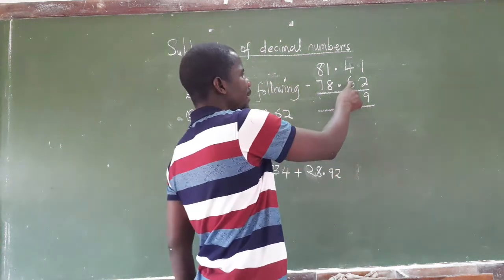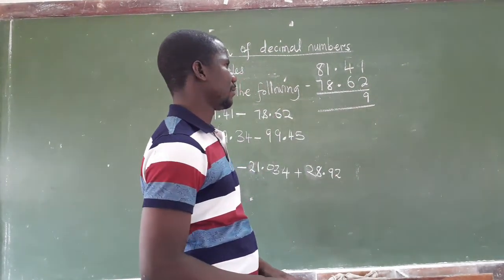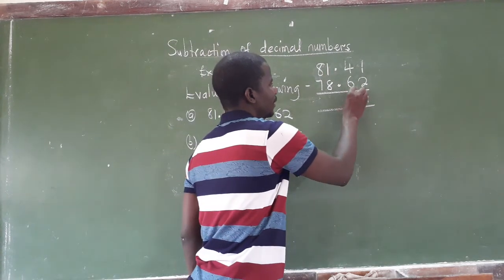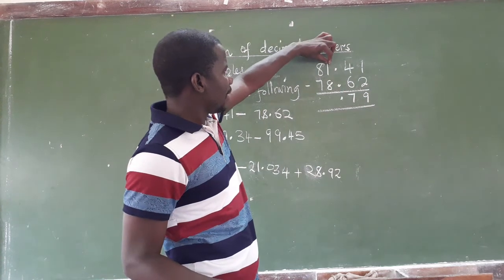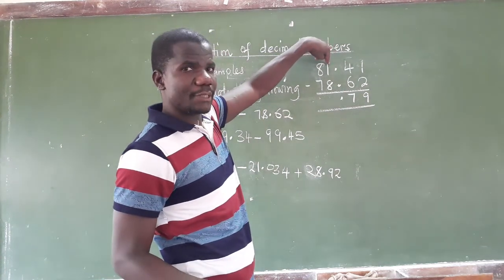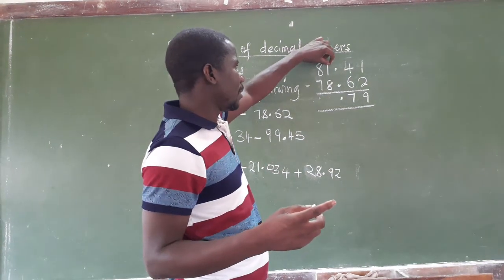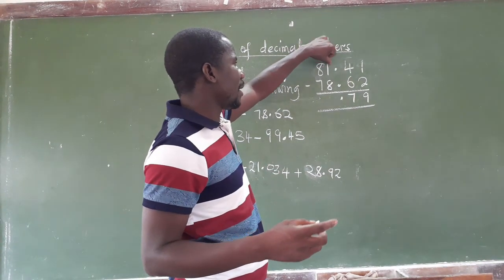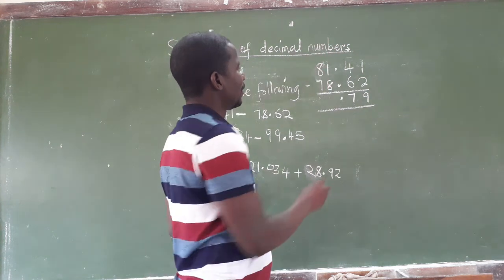So 13 minus 6, what do we get? We're going to get 7. Now remember here, when we got that one, we brought it here, it became 11. And then we got the other 1, so we have 10. So 10 minus 8, we have 2.